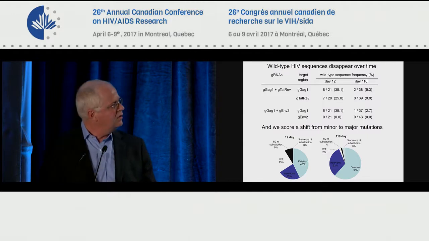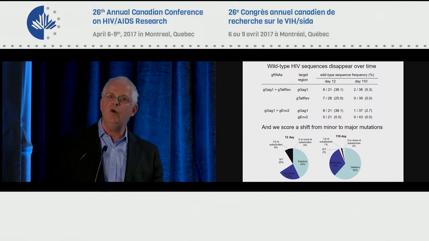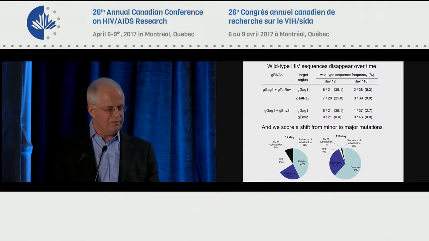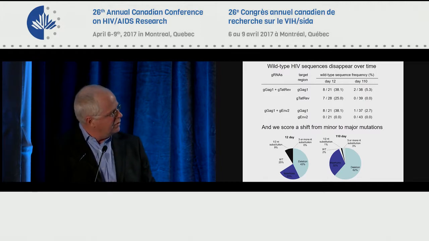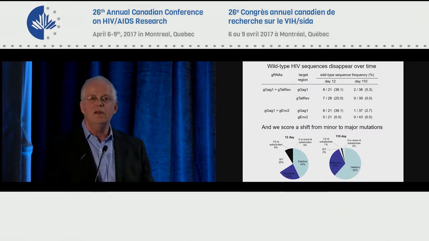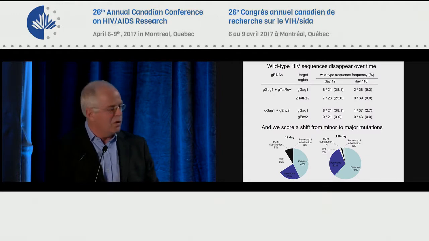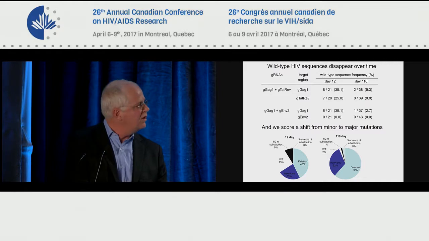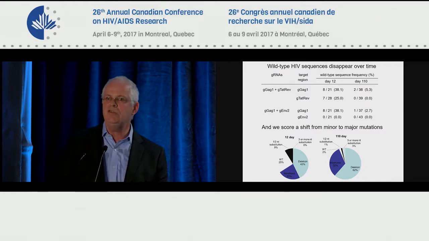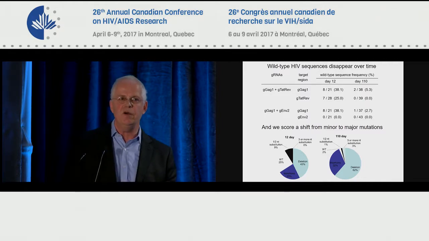Now we also looked a little bit differently, because over time we also observed a shift from minor to major mutations. That's indicated here. So here we have the block of wild-type viruses that were there early, but not, or at least very little, at a later time point. But we also see that initially there were smaller mutations, 1 to 2 nucleotide point mutations, and they also disappear over time.